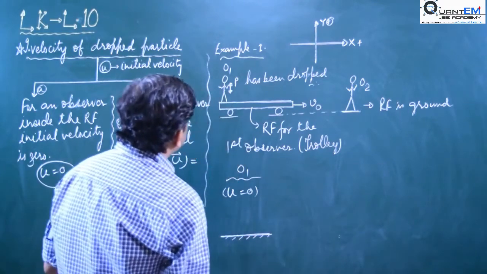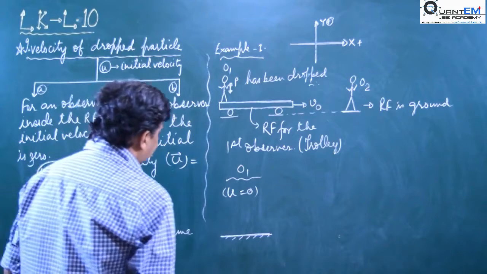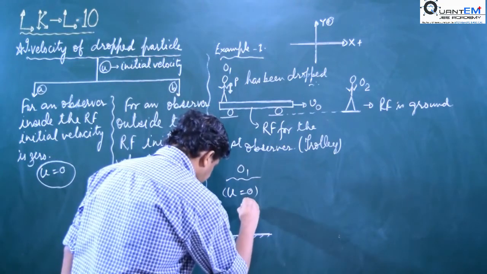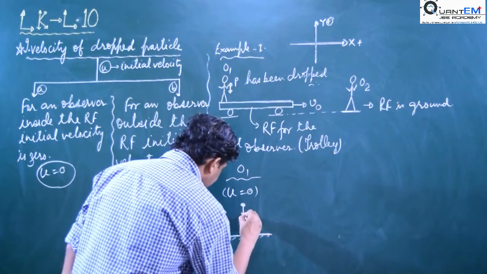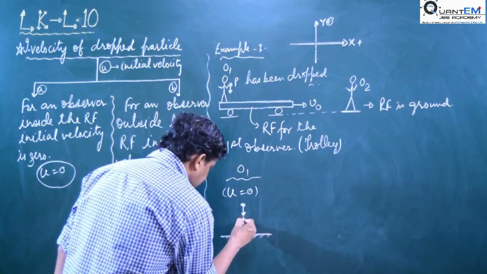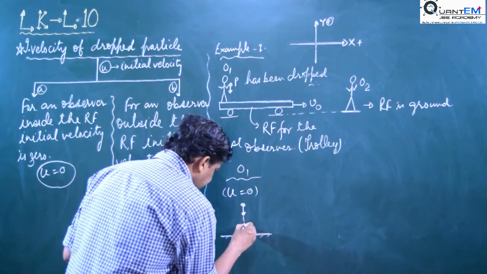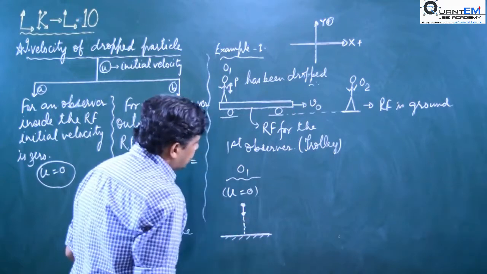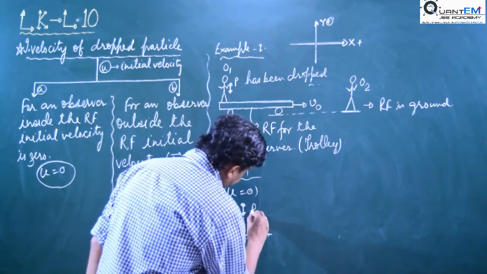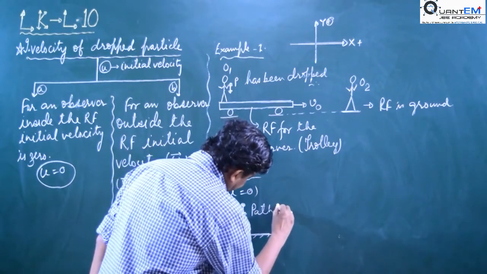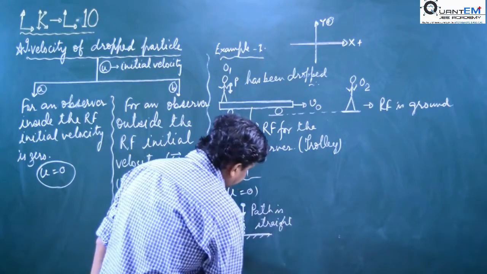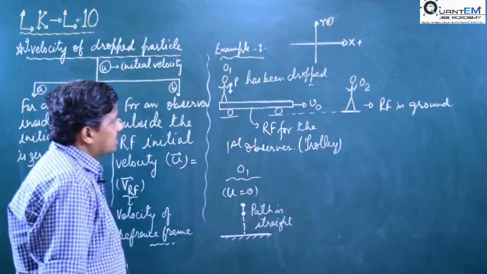Say the particle has been dropped from this point, u is 0. For the first observer, the motion of the particle is what? A straight line in the downward direction, that is, the path is straight. The path is straight for the first observer in the downward direction.